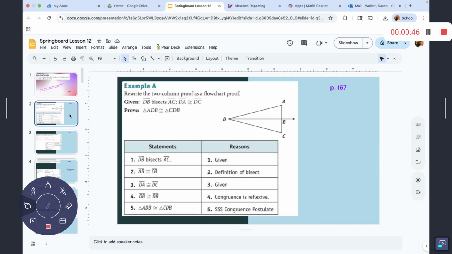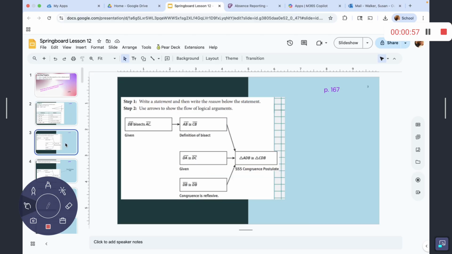I'll let you take a second to look at this, but it's going to have our given and our proof. When you look at a flowchart, it is a way of finding the things that we need and the reason in order to get there.